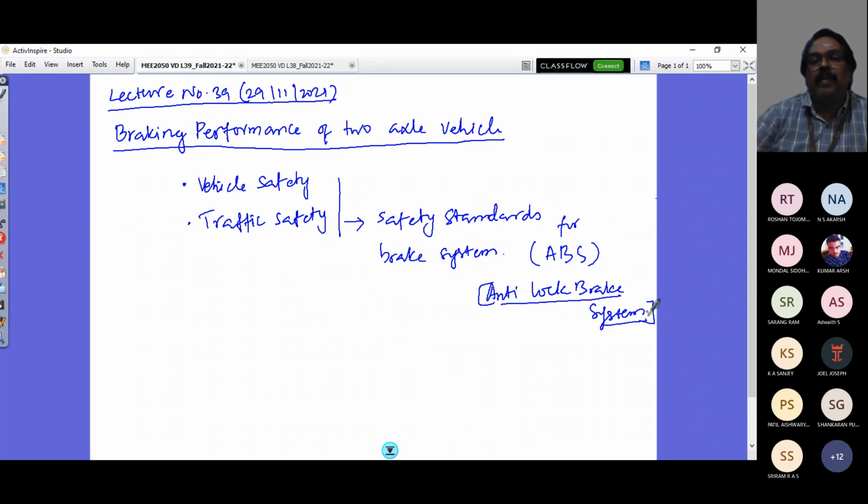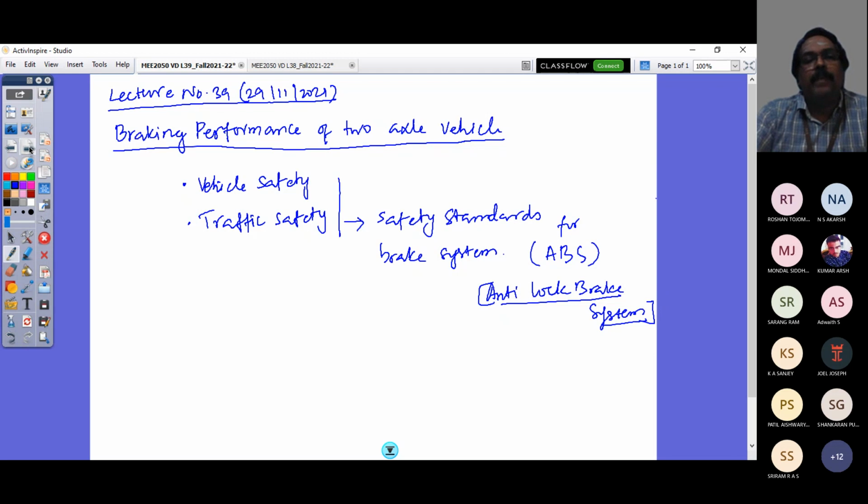Today's lecture is about understanding the condition for having maximum braking effort at both the axle tire wheels, which is the basis for looking at the requirement of the operational characteristic of the ABS system, right? So let's look at two important free body diagrams in today's class.